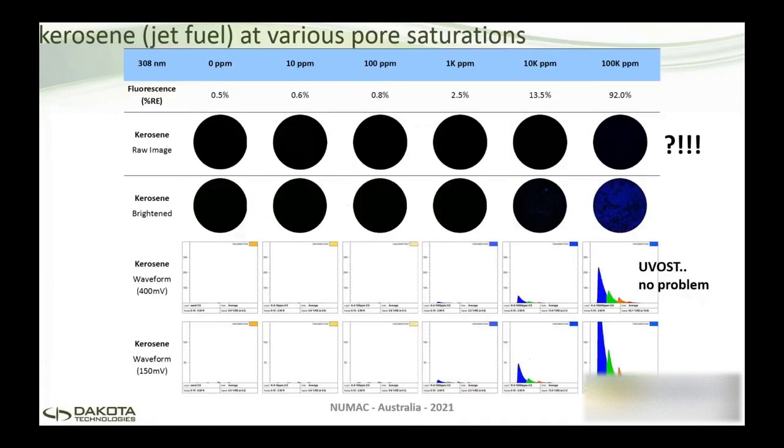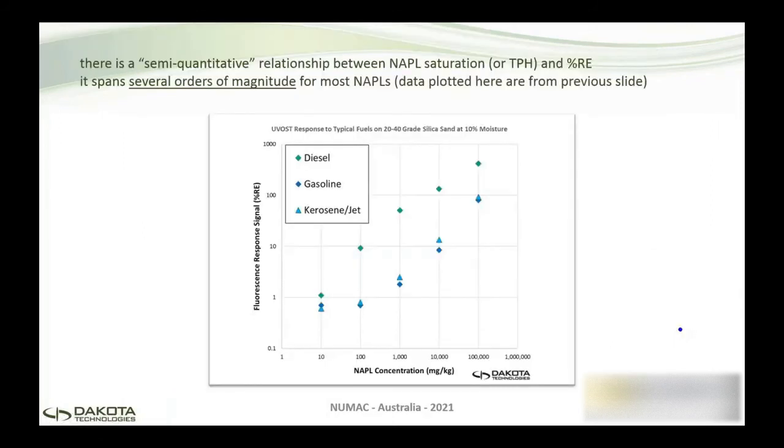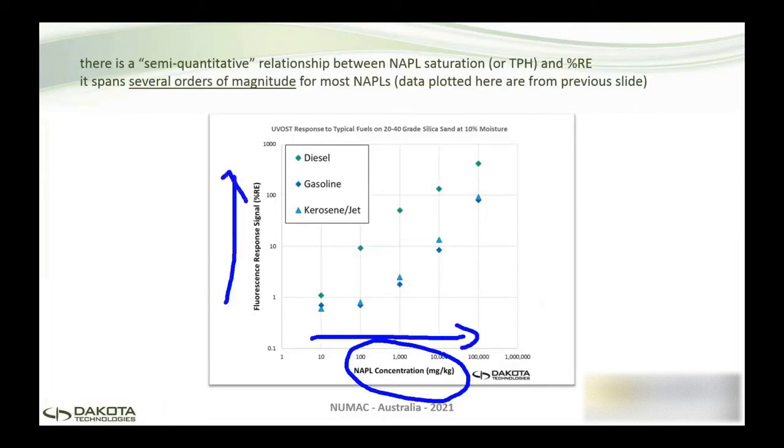Now, if I take all of these percent REs that you saw up here, the strength of the fluorescent response or the size of these waveforms, and I plot them all, NAPL concentration, how much loading we put on the soil, versus the fluorescence response in percent RE, you can see we've got pretty good behavior.